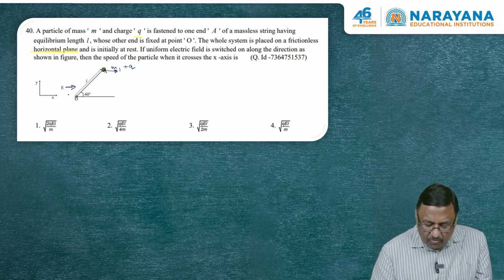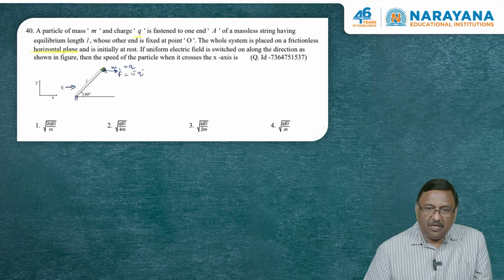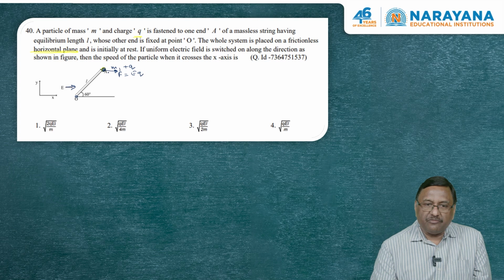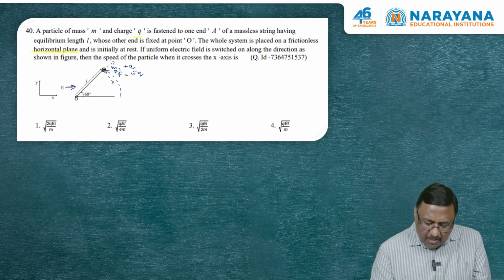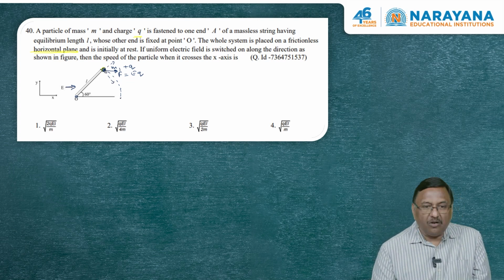It is fastened over here, and this electrical force is going to be E into Q. This electrical force will try to deflect this mass. It will move this mass in this downward direction. The particle will move along the circular path because there is some component of force. One component of force is along this axis, another is perpendicular to this line. So because of this component of force, this body starts moving along the circular arc.